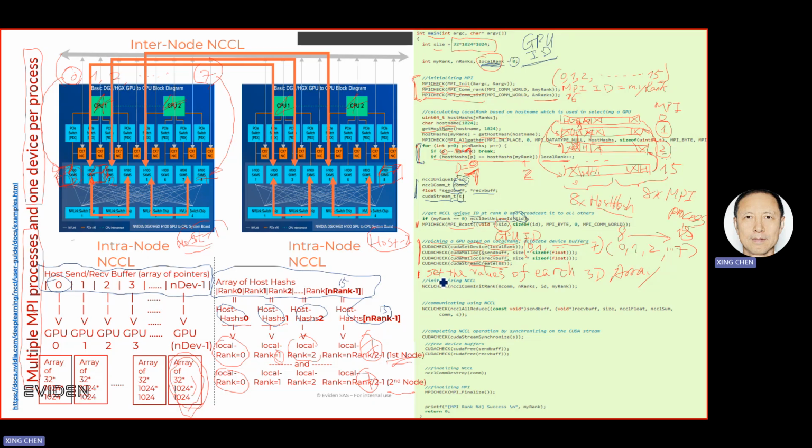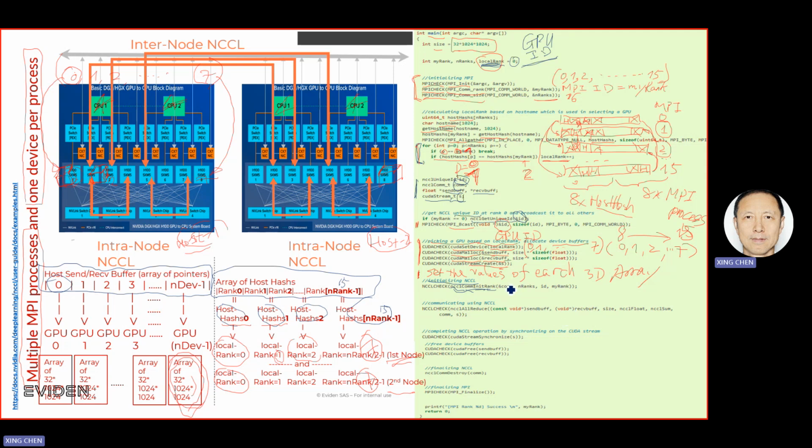So first we need to initialize the NCCL communication. We need to build up this NCCL communication structure, so we need to call the NCCL communicator initialization function with rank.